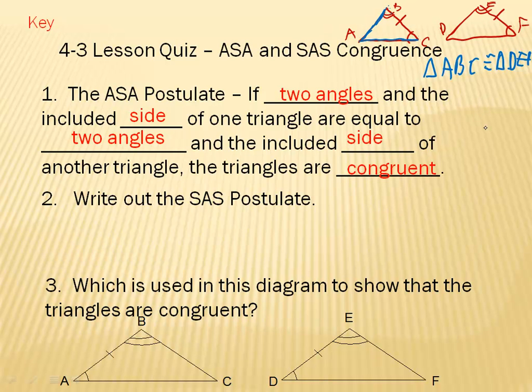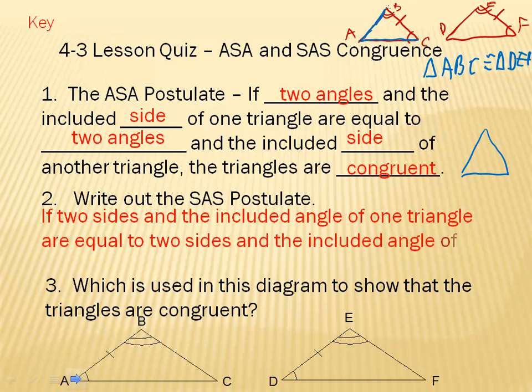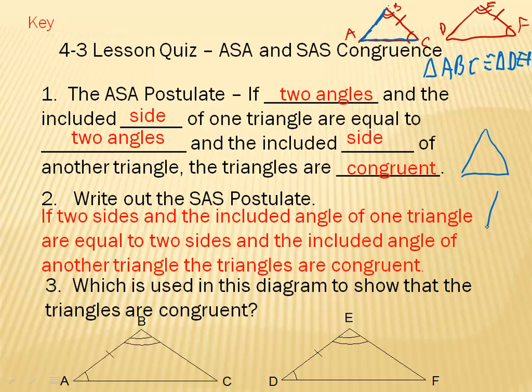We also have another situation. So let's say we have a couple of triangles. Let's get this out here so we can see what we've got. All right, so we have these two triangles, and you'll see that it's worded very much the same. And I know they don't look congruent, but we'll just pretend that they are. Okay, so if two sides and the included angle of one triangle are equal to two sides and the included angle of another triangle, the triangles are congruent.